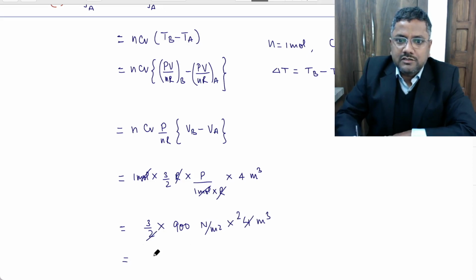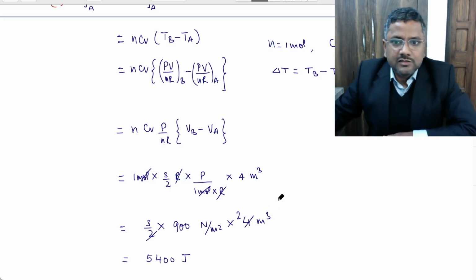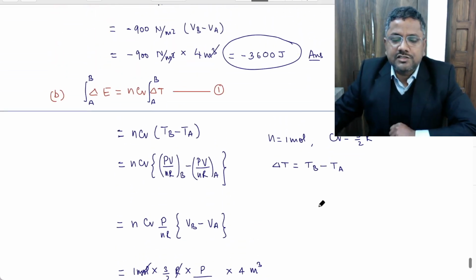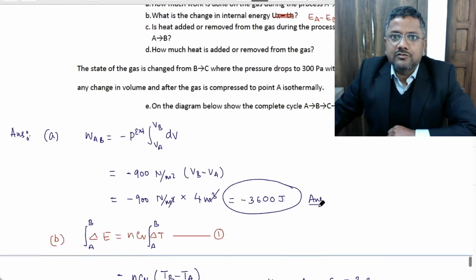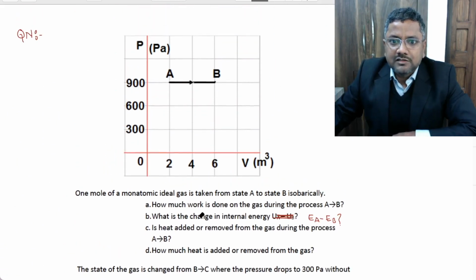So this is equal to 5400 joules, right? So the change in internal energy is 5400. Clear?